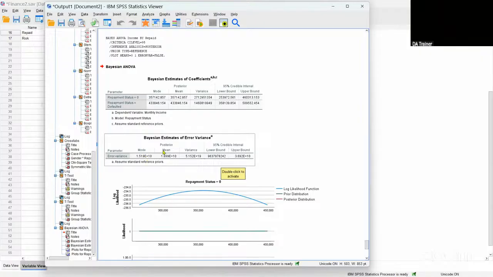1.519 exponential 10. If you have your calculator, type 1.519 exponential 10.